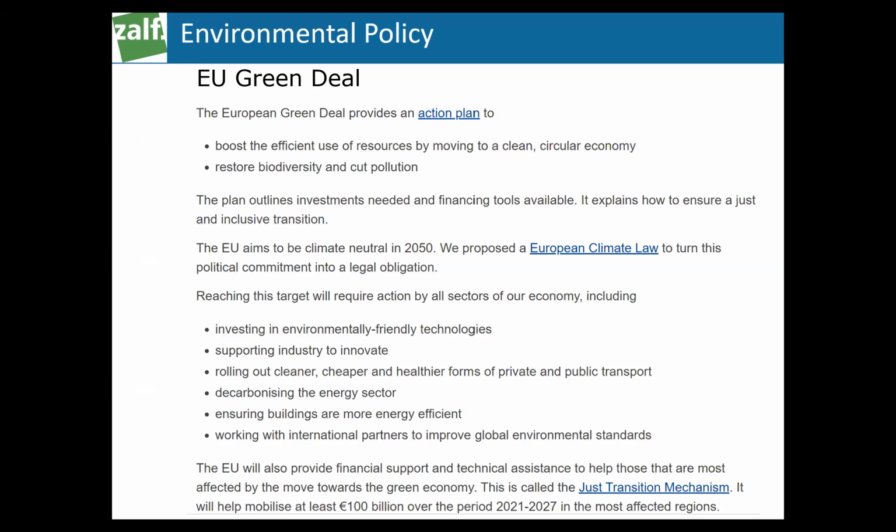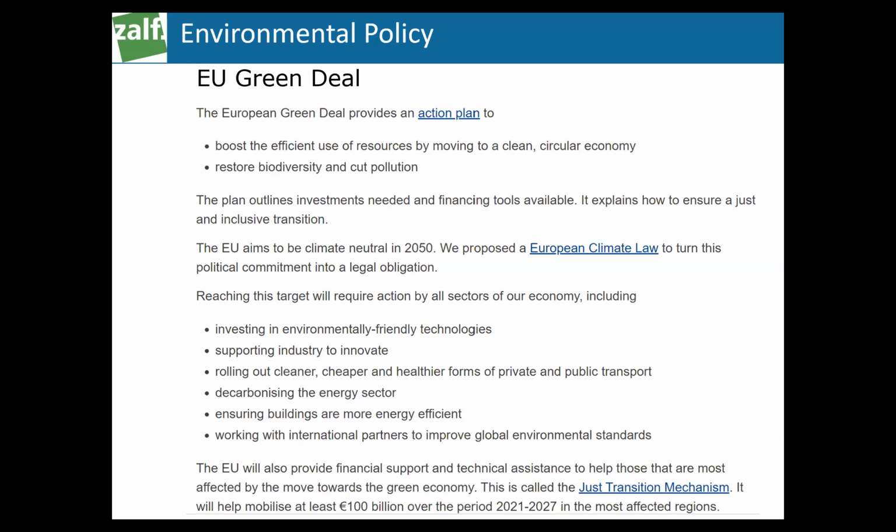And this was recently agreed, the Green Deal, and in 2050 there are certain goals, and the major goal is to be climate neutral. And what is now then done is reaching this target will require certain actions. That means investment in environmentally friendly technologies. This is what we heard. Also some examples given.